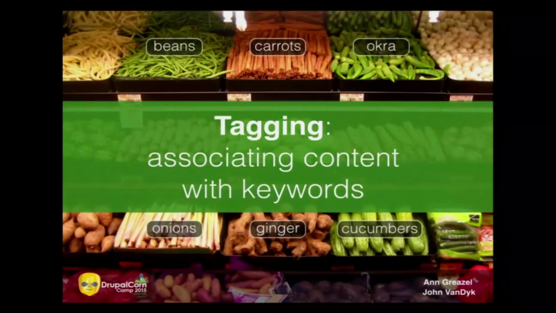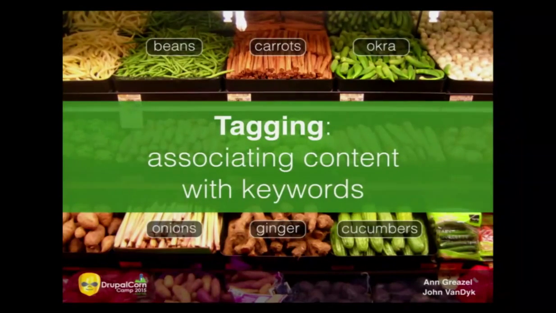So tagging is what we just did. It's basically associating some sort of keyword with content. If you use a content management system that is not Drupal, you will often see terms like category or keyword. Drupal uses very specific terminology, and unfortunately, it seems to change that terminology with each release.